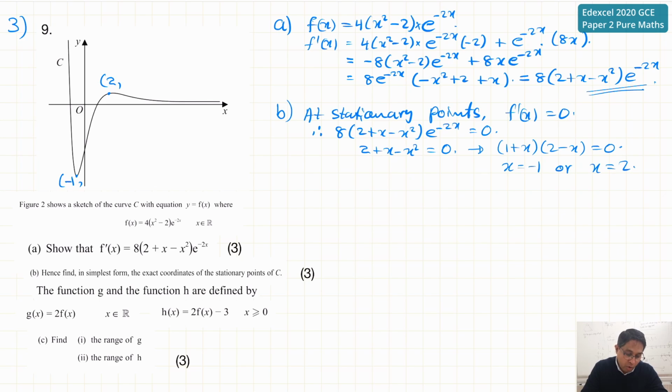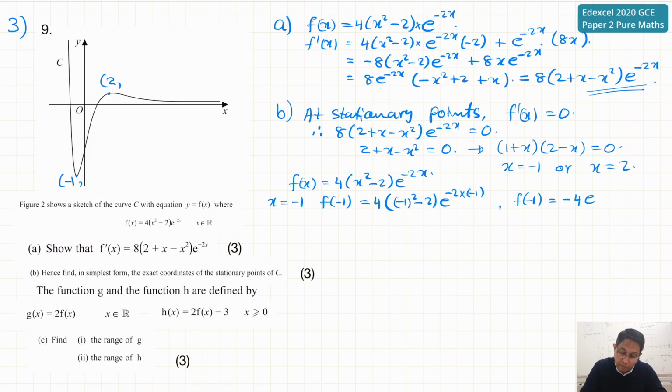To find the y coordinates at these 2 points, you can substitute x equals minus 1 and x equals 2 into the function f of x. Substitute x equals minus 1. This gives you f of minus 1 equal to minus 4e squared.